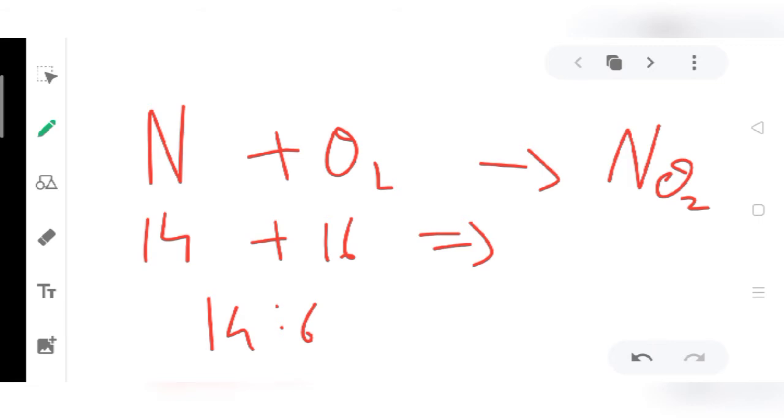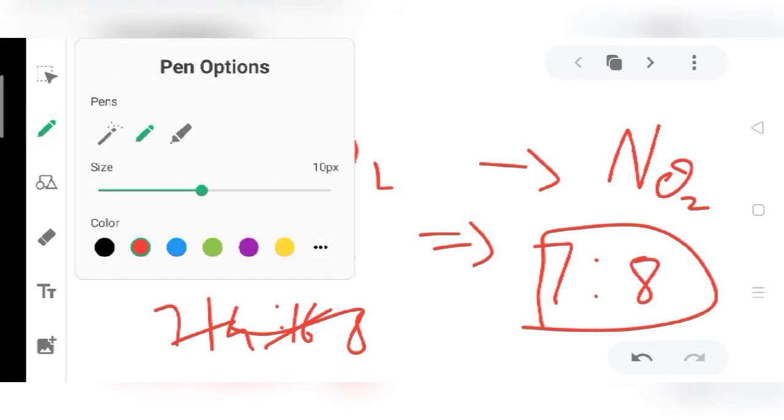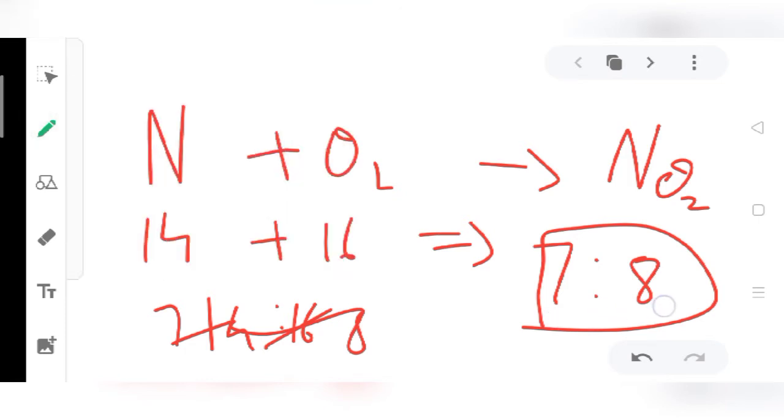If we divide both by 2, we get 7:8. So this is an example for the law of multiple proportion. This is what we mean by a simple ratio.